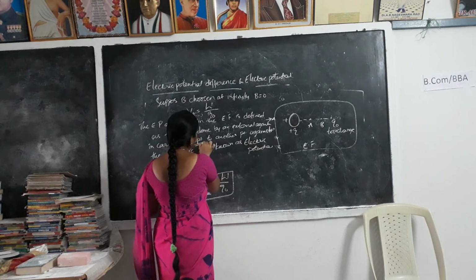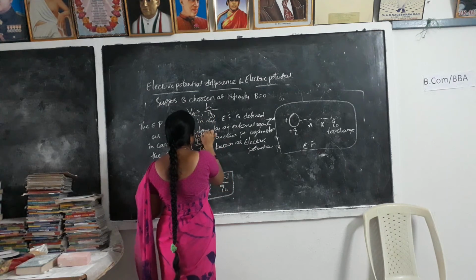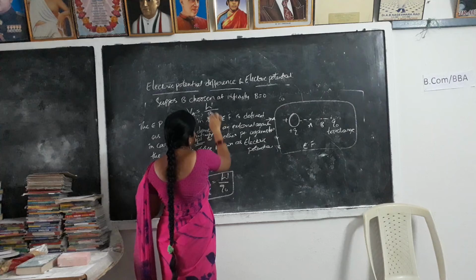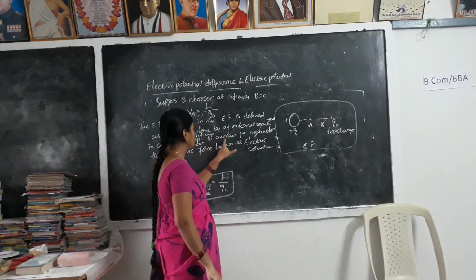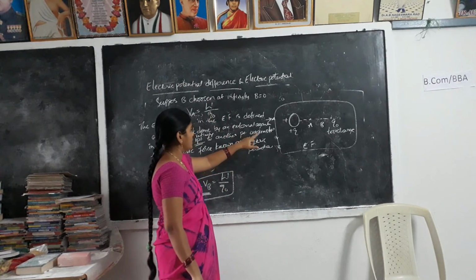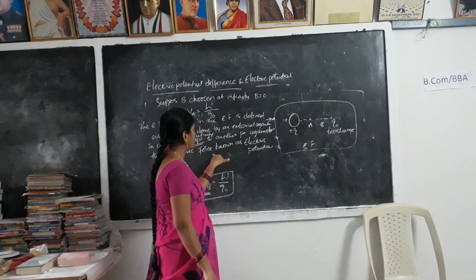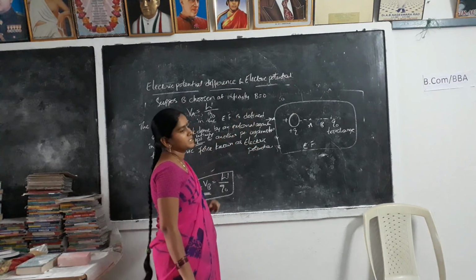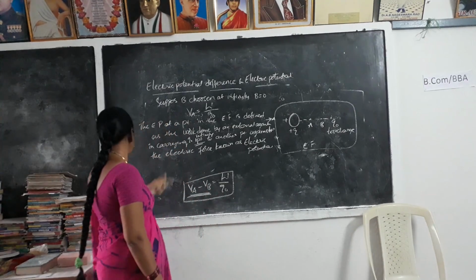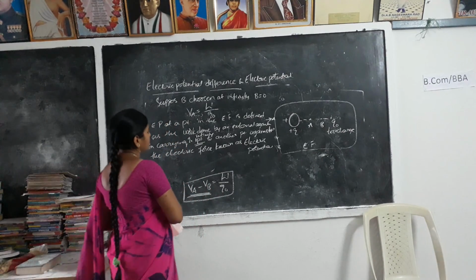From one point here means infinity. We consider B as a reference point. So from infinity to some point against the electric force is known as electric potential. This is about electric potential difference and electric potential.